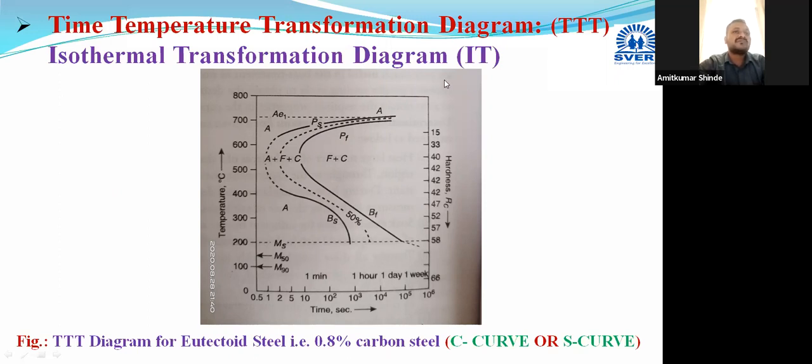And in the same way, proeutectoid cementite will be formed in the case of hypereutectoid steels, and proeutectoid ferrite will be formed in the case of hypoeutectoid steels.